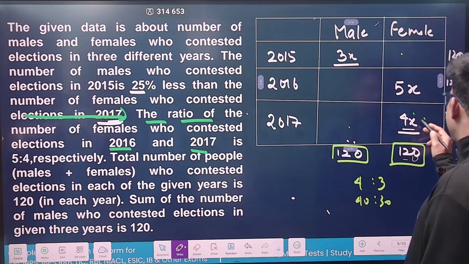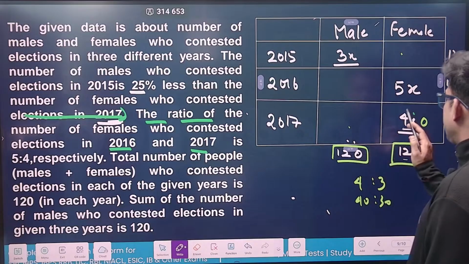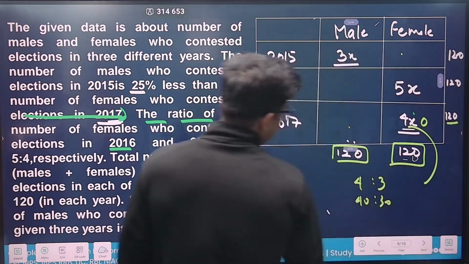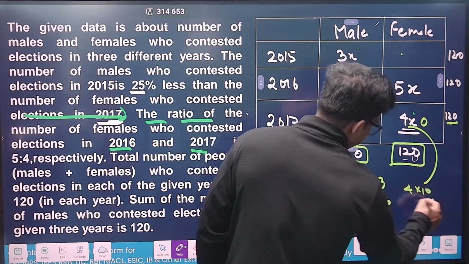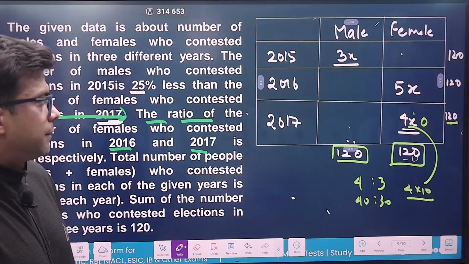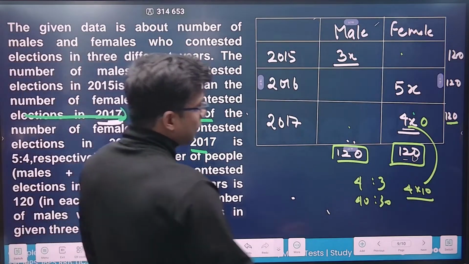So if this value is 40 and needs to become 120, then while making it 40, you are multiplying this number by how much? 10, no? The value of x should be 10. Correct? Yes or no?